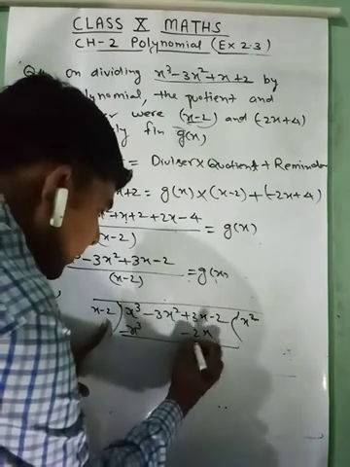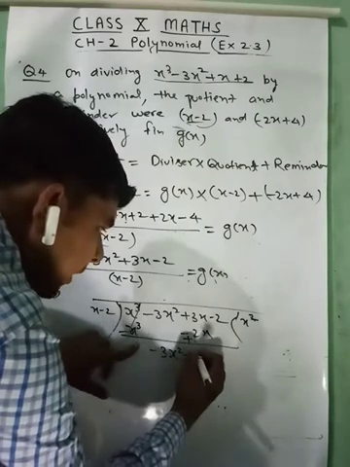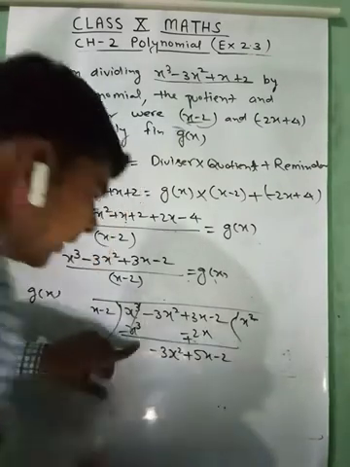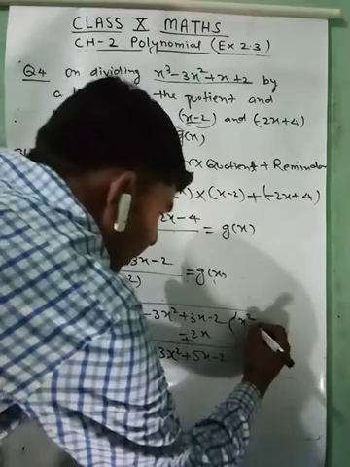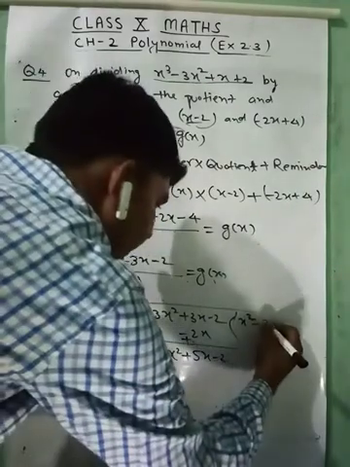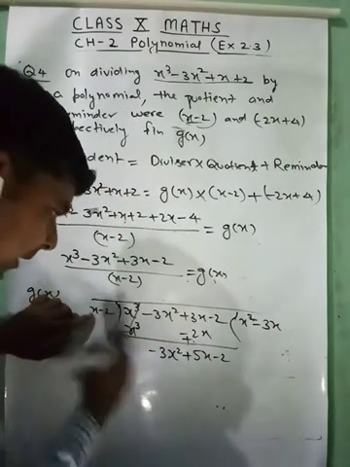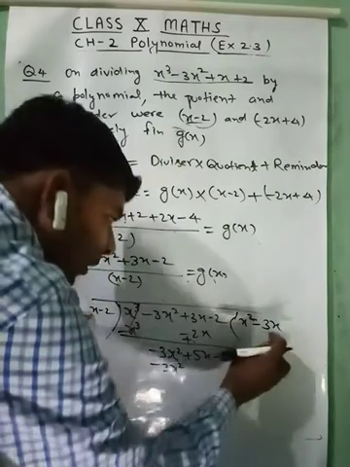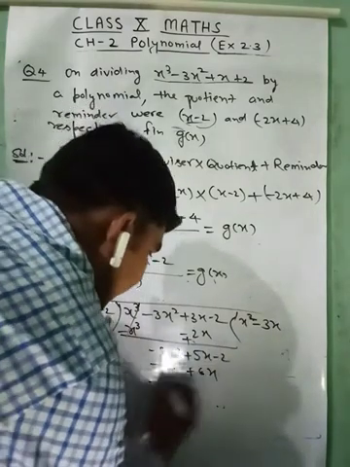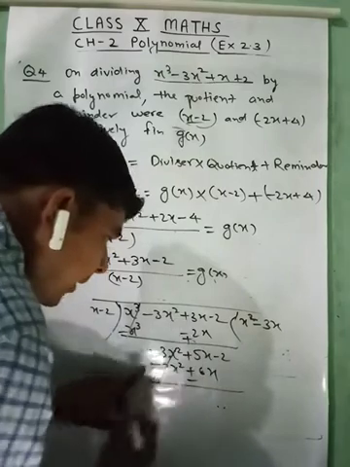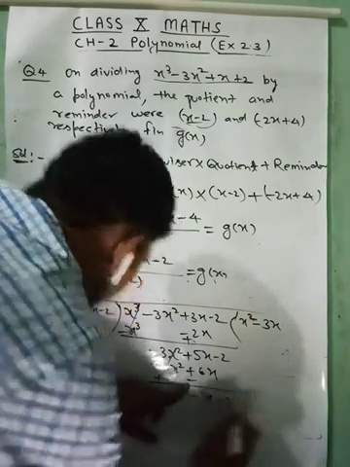This will cancel. Then it is minus x square plus 3x minus 2. To remove minus 3x square, again take minus 3x. Minus 3x multiplied by x is minus 3x square, minus 3x into 2 means plus 6x. Sign will be changed. This will cancel. When 5 is subtracted from 6, it will be minus x minus 2.